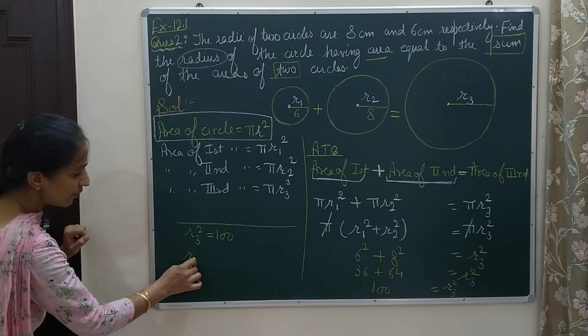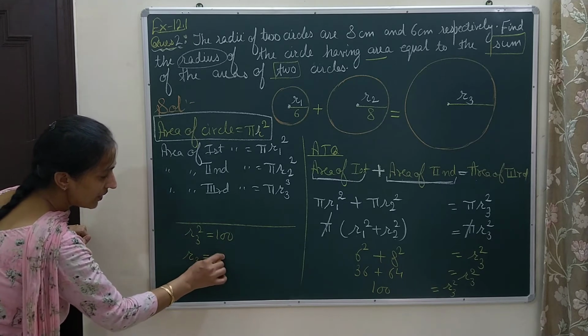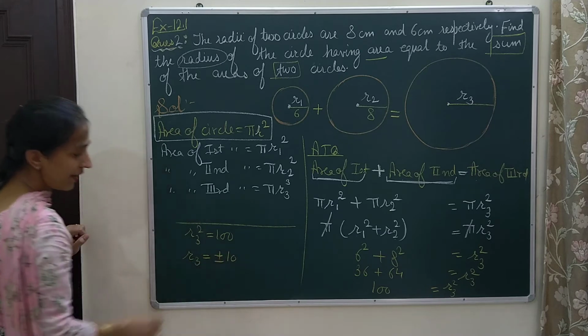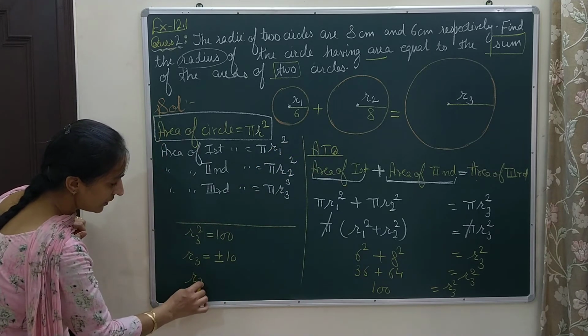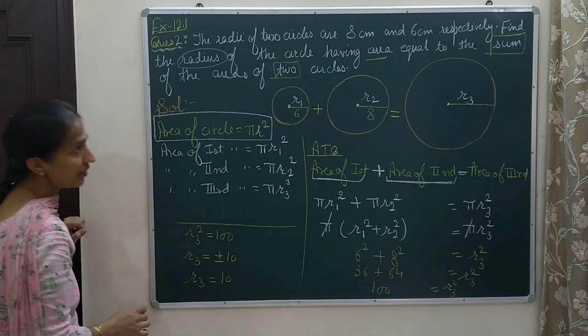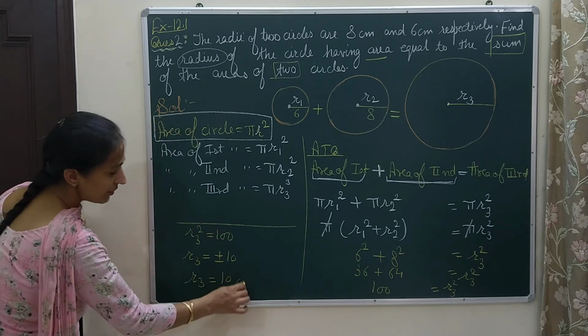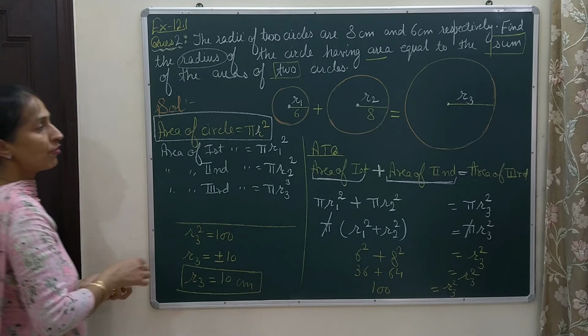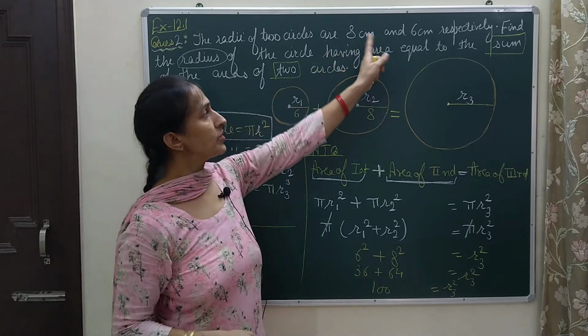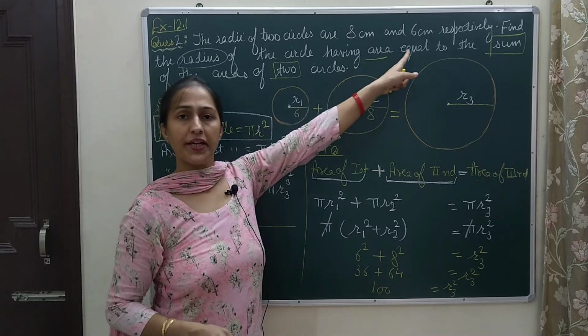Now I can take the root and r3 is plus minus 10. As you know that distance is always positive, I will consider the third radius as 10. Now my question is in centimeters, so I will write cm with the radius. So here what we have done: we are given that two circles have radii 8 and 6.